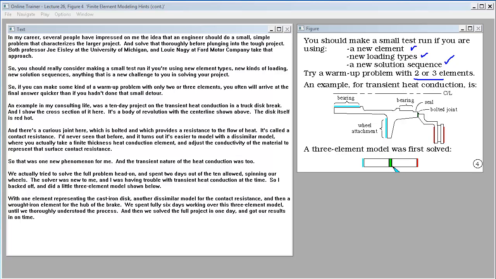So I backed off and did a little 3-element model shown below, with one element representing the cast iron disc, another dissimilar model for the contact resistance, and then a wrought iron element for the hub of the brake. We spent fully 6 days working over this 3-element model until we thoroughly understood the process. And then we solved the full project in 1 day and got our results in on time.